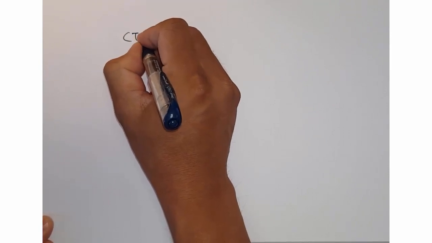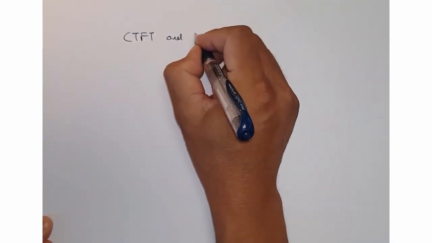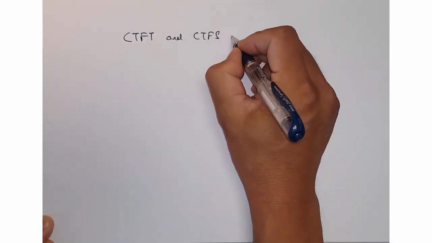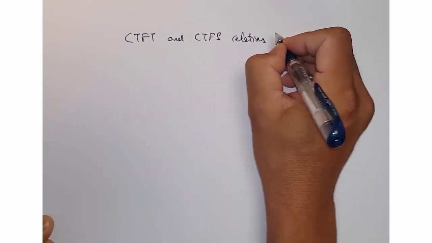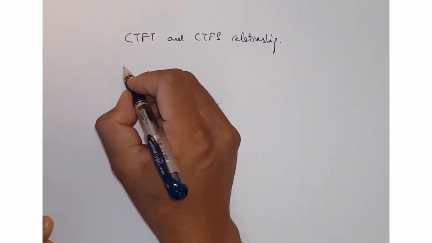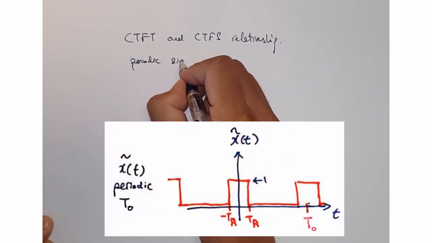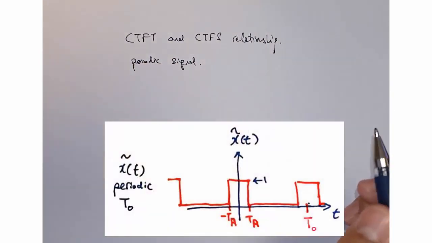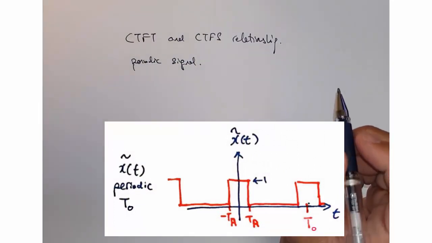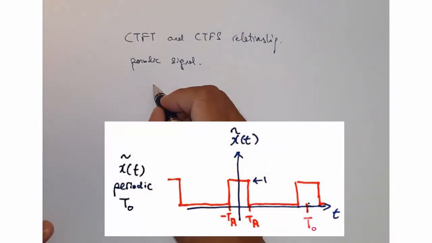Right, let us continue with the CTFT and CTFS relationship. In particular, I'm going to again examine the periodic signal and see why the deltas are being used in X of j omega.